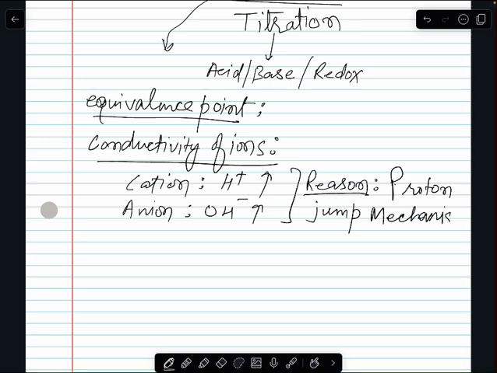Now what is this mechanism? Let's have a slight idea about this. In particular, in case of H plus ion, let's suppose this is the positive terminal and this is the negative terminal or negative electrode.